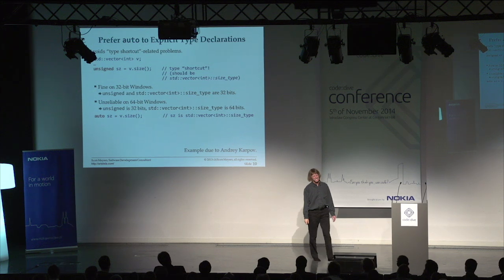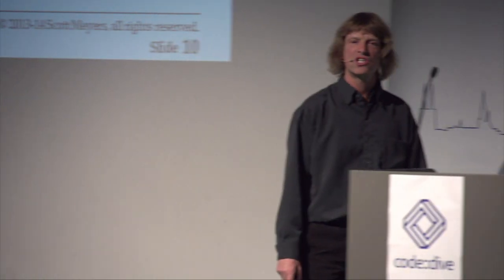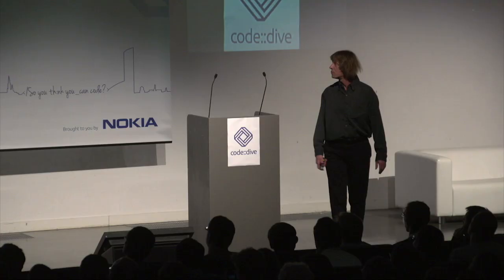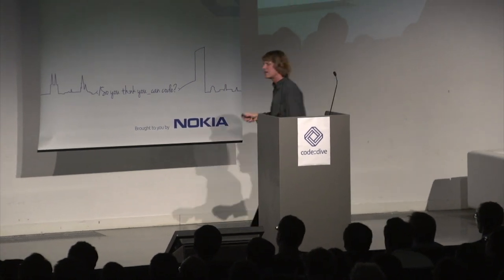The problem is it's not an unsigned. The actual type that is returned by the size member function is vector of int colon colon size_type. And the only thing you know about that, it's a typedef, is that it's some unsigned type. Most of the time, unsigned will work pretty well, but you can have some interesting problems.